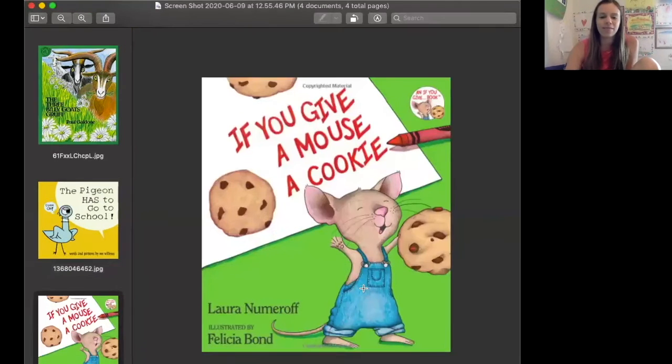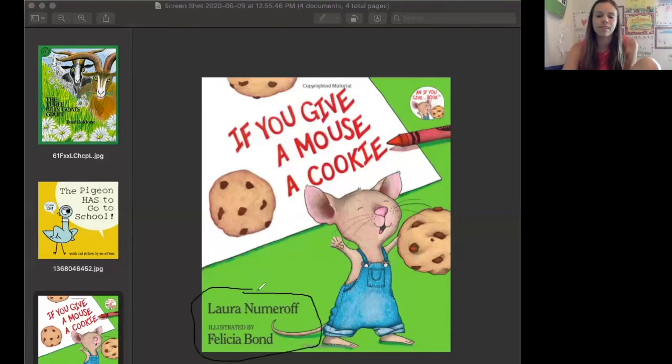What about this one? This book is called If You Give a Mouse a Cookie. Can you find the title? Which words are the title? Are they these words? If you give a mouse, no, that doesn't work. That's not if. If is a sight word. It doesn't start with an i.